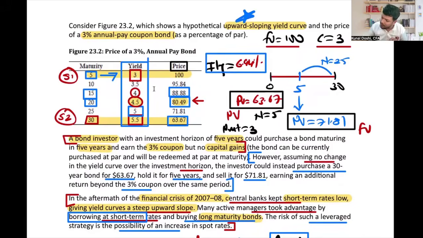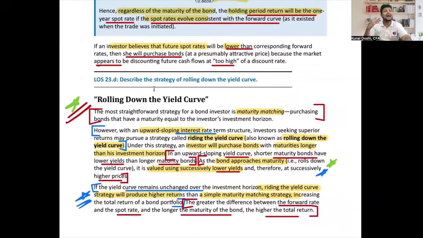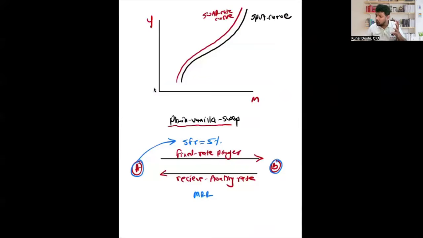So, upward sloping yield curve, remember, and if the yield curve remains unchanged throughout the maturity, then riding the yield curve generates higher returns. Got it? Everyone? Clear?